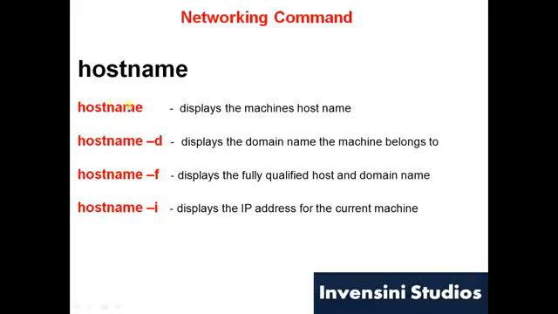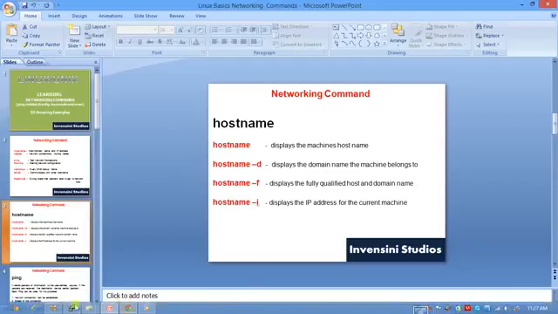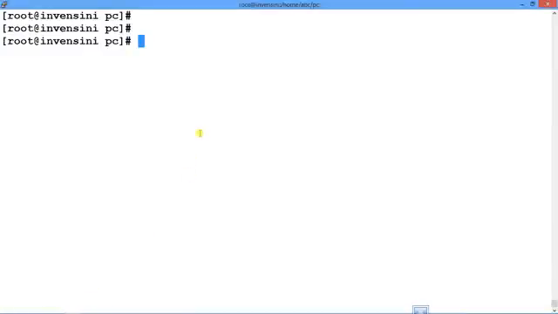First, hostname. So you enter hostname. It shows the machine host name, then you use -d for the domain, -f for the fully qualified domain name, and -i for the IP address. So let's have a little practical session that we always have. So I say hostname. So inventory.studios is my host name.